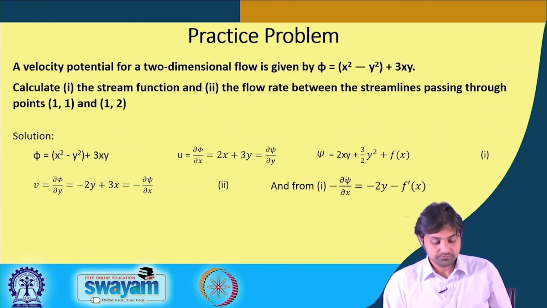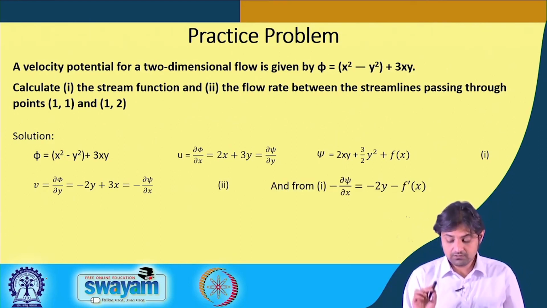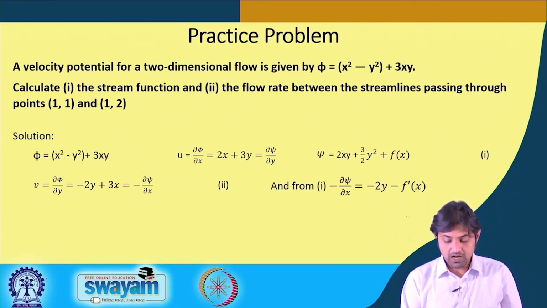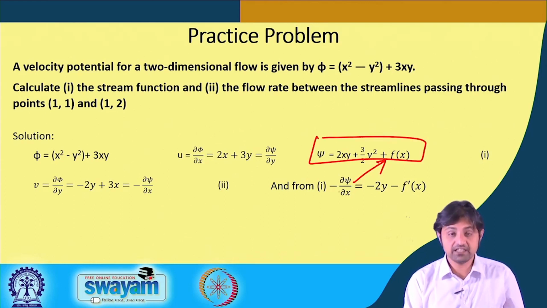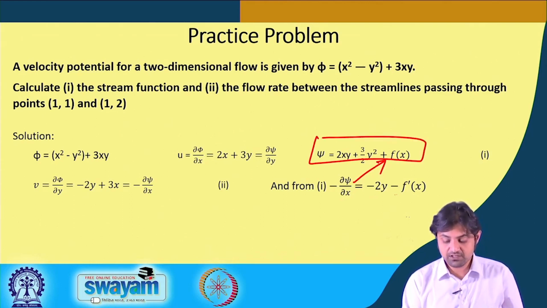This is one of the ways you can solve it and then equate. Here, because we already have psi from the first equation, which was a function of x, we calculate del psi by del x, and this came as minus 2y minus f dash x.